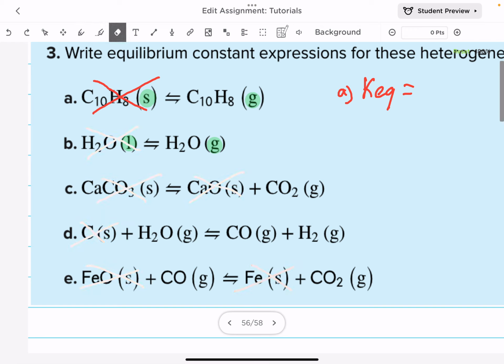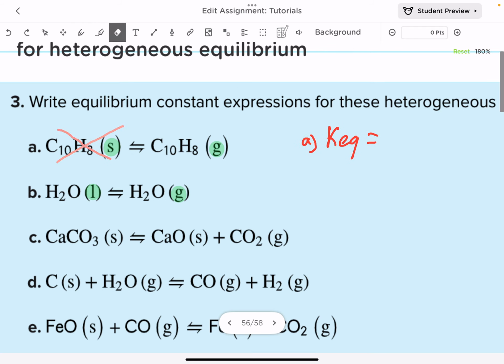So I'm going to start with the first example. Since this is solid, I will not include it in the formula. So I'm just going to say C10H8 concentration, and that's all. You can put it over 1, or you can just say that's it.